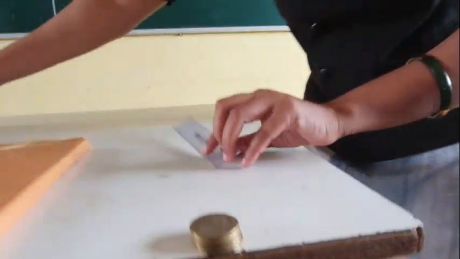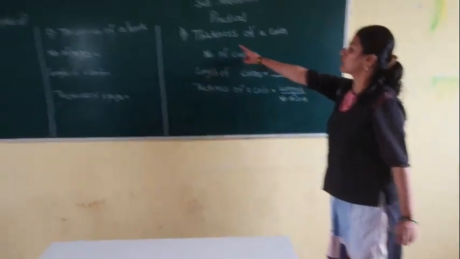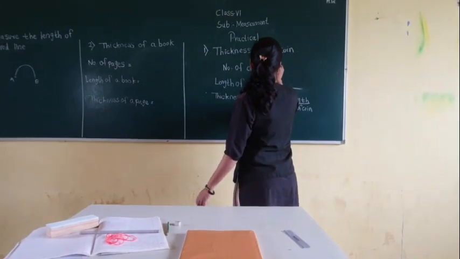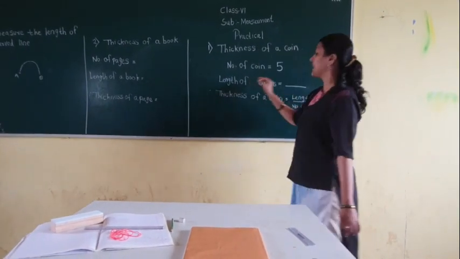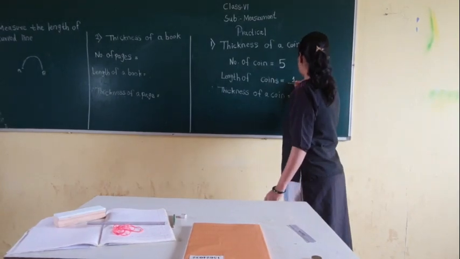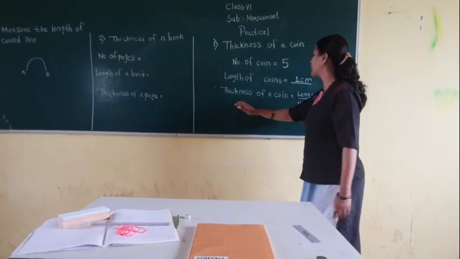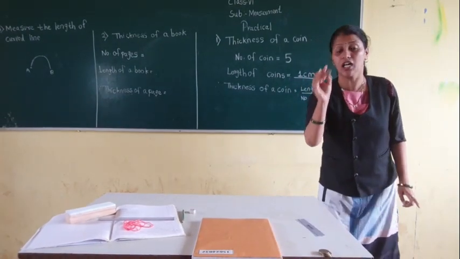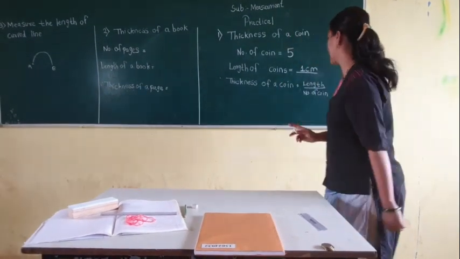Okay. So you can see here, to measure the thickness of a coin, the number of coins we have is 5. The length of the coins, how many? What is the length? 1 centimeter. We want the thickness of a coin. A coin means 1 coin.